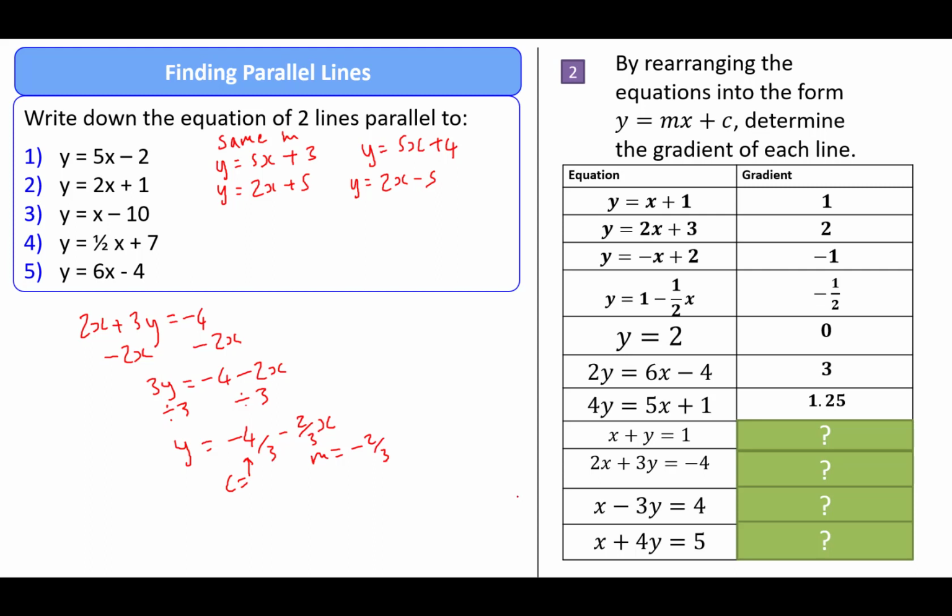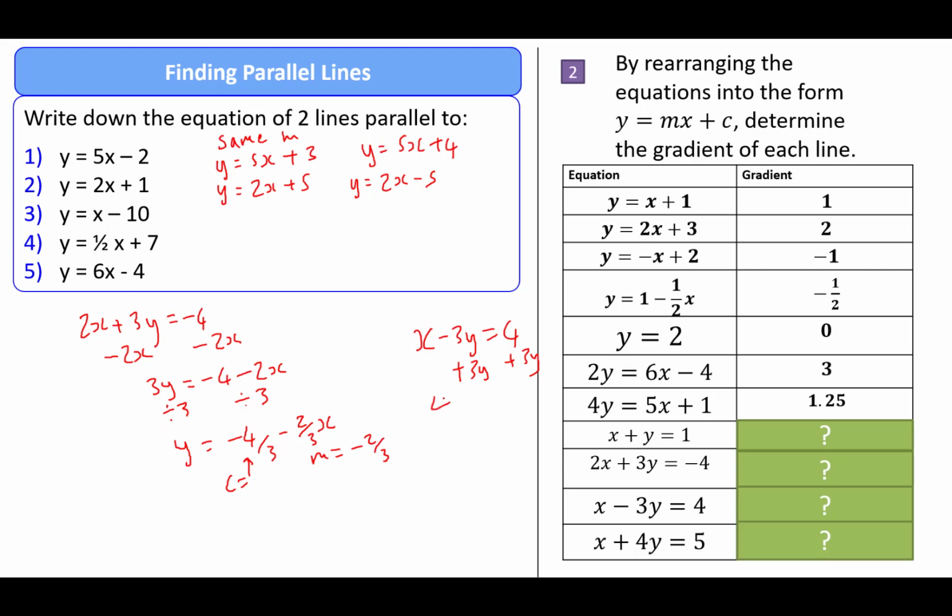Perfect. And I'm just going to do this one here. So you've got x minus 3y equals 4. I don't like the negative 3y. There's other ways you can do this, but I'm just going to plus the 3y's on both sides.